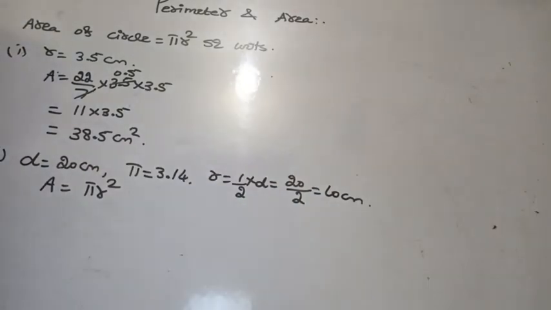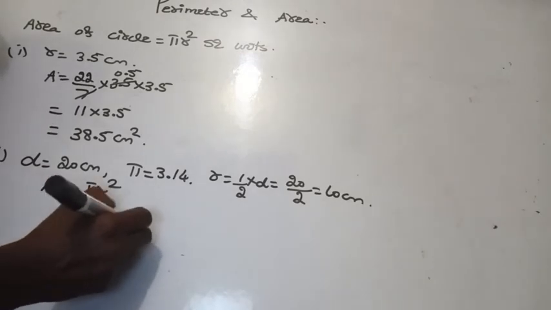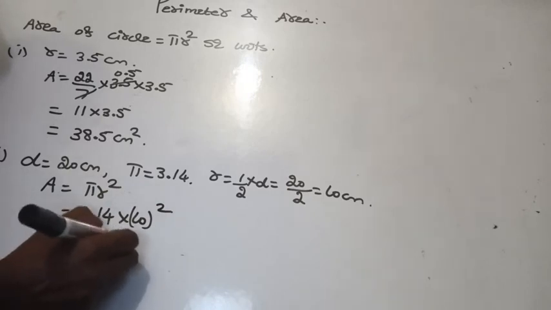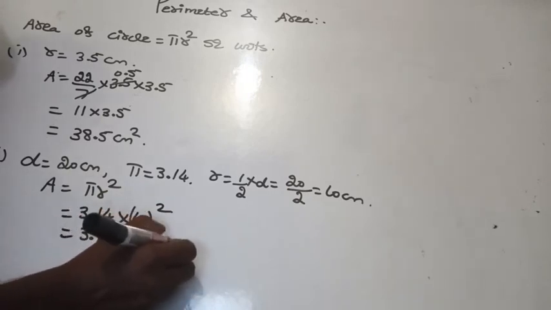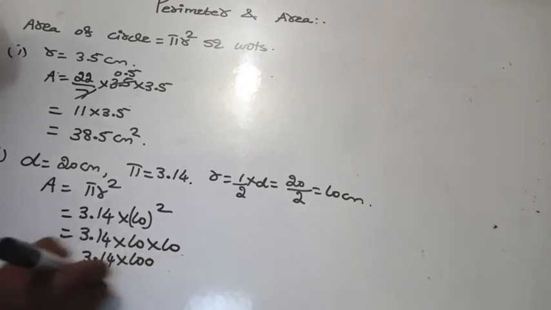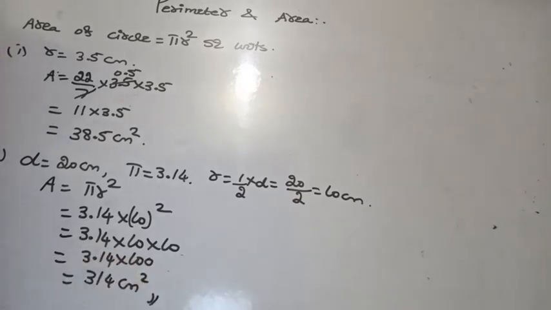Now the value of pi is given as 3.14. So 3.14 into r square, which is 10 square, which means 10 into 10, so 100. 3.14 into 100 is 314 centimeter square.